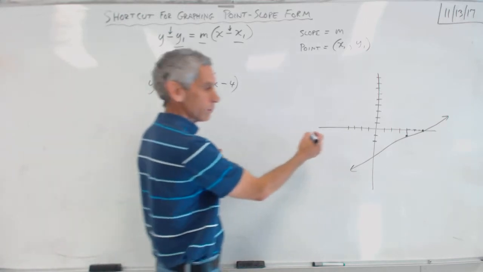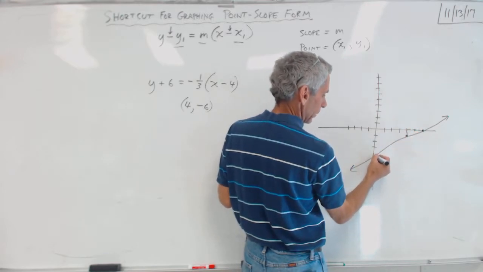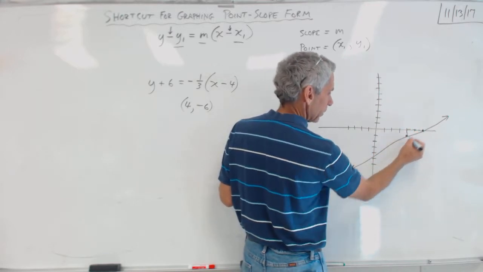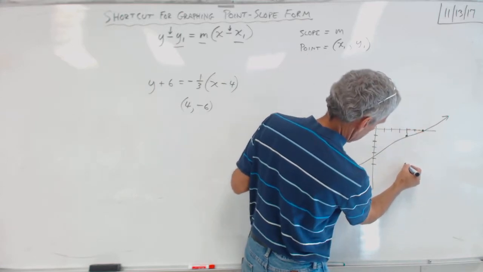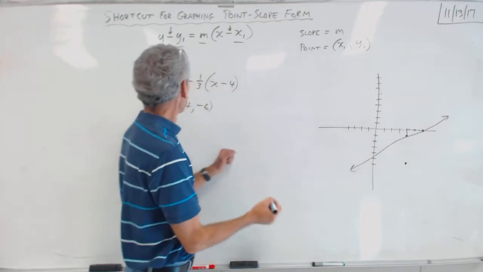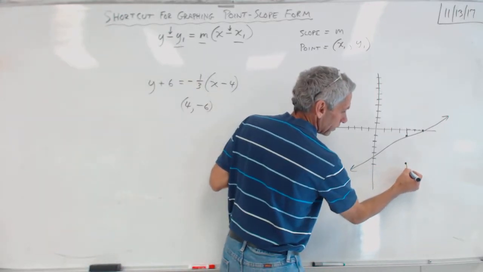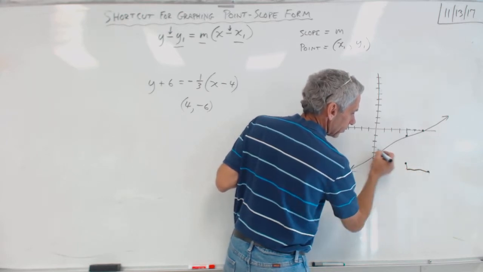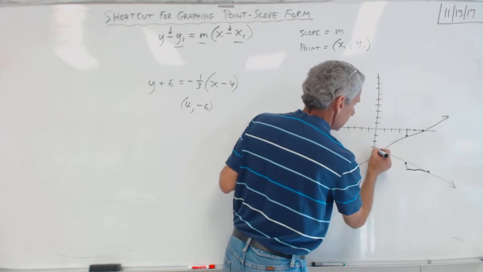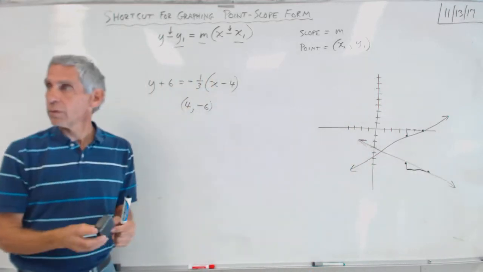It would go over 4, and then down 6. 1, 2, 3, 4, 5, 6. Does that look right? And then you would go down 1, because it's negative, right? I'm going to go down 1 and then go over 3. 1, 2, 3, and put a dot and draw my line, and I'm done. Awesome.